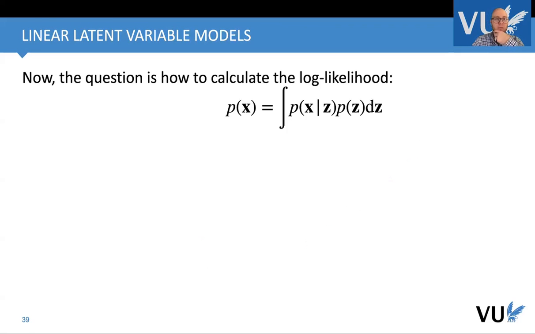Now, of course, the question is how to calculate the log likelihood, right? Because we started with this question. We have a linear transformation, and we have only Gaussian distributions. The decoder, or the generator, or however we want to call it, is Gaussian. This conditional distribution is Gaussian, and this is Gaussian. The beauty of Gaussians is that they are analytically tractable.